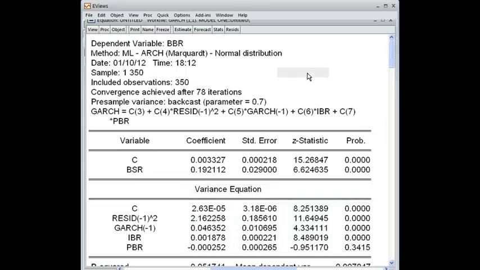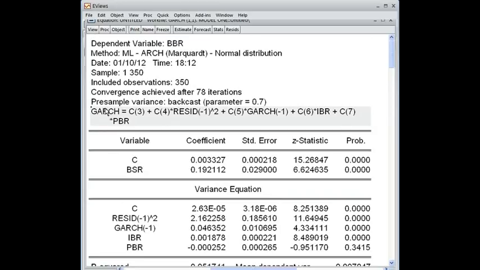Okay. Now here, the dependent variable is HT. What is HT? HT here means the volatility of Bangladesh bond return.